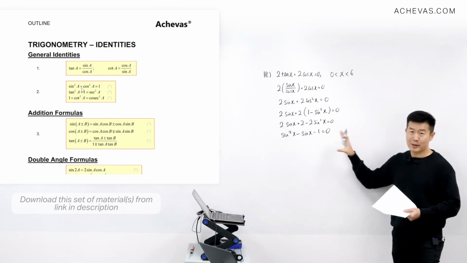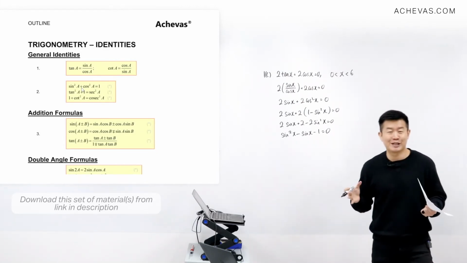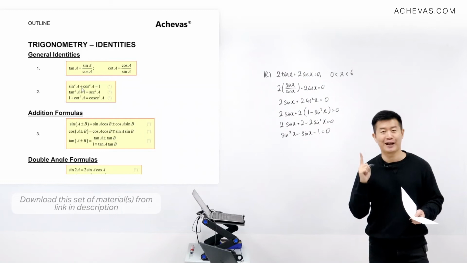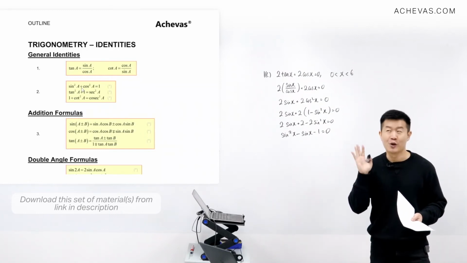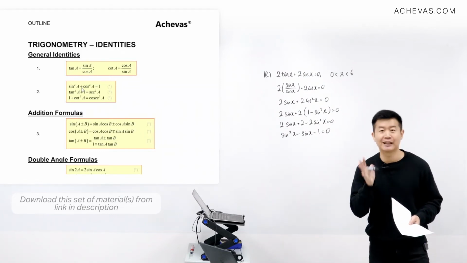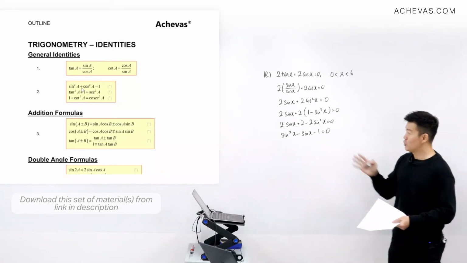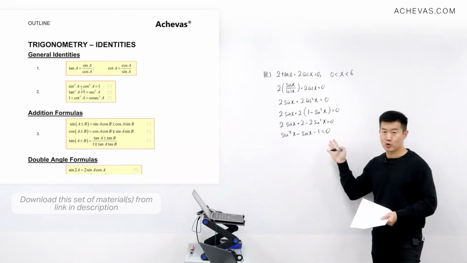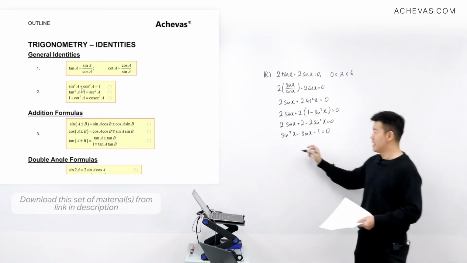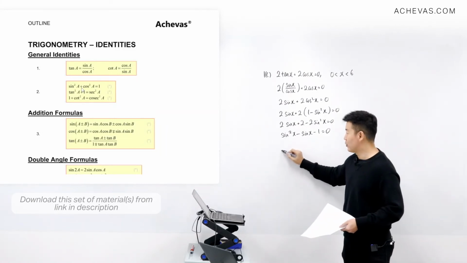So now I have a good and proper equation because it is in terms of just one single trigonometric function, and that is sine x. So now we can solve this quadratic equation in terms of sine x by applying the quadratic formula.